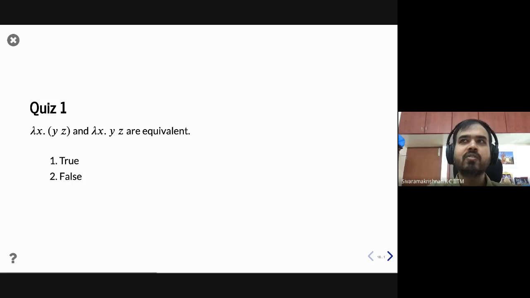I see a lot of yeses and 1 no. It is true. Why is it true? Because as I mentioned in convention 1, when you have a lambda, the bracket extends all the way to the end. So you start a bracket here and it extends all the way to the end. That's precisely what this is, so these 2 terms are equivalent.